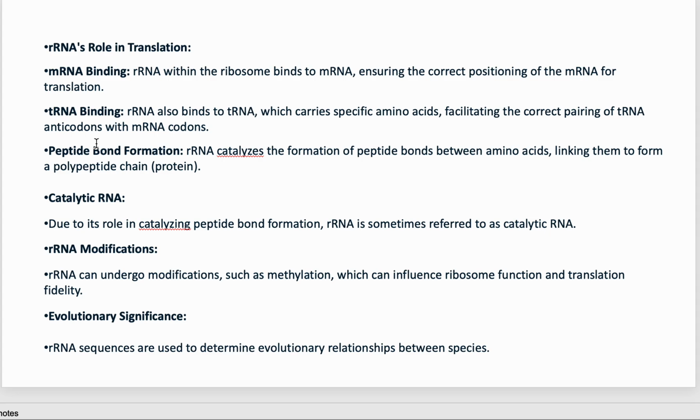You don't have to remember every part of it. If you can, I'll always encourage you to remember everything. But even if you don't, just remember mRNA has the genetic information. It is responsible for that translation.